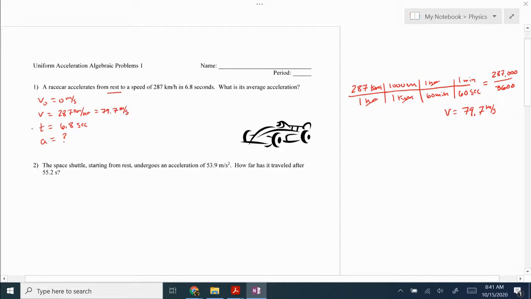So now if we look at the information that we have, a velocity, we have time. The only one that's going to have that is the first equation. Write it out blank like so. Now plug in the information that you're given. So 79.7 equals 0 plus a times 6.8.